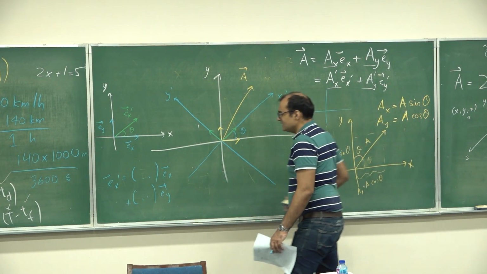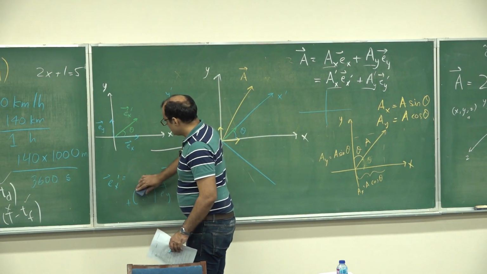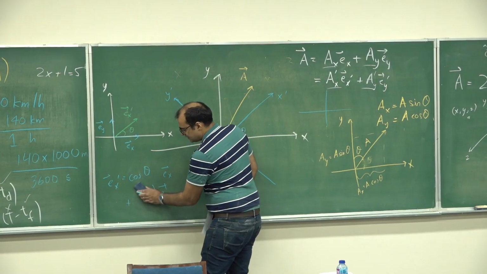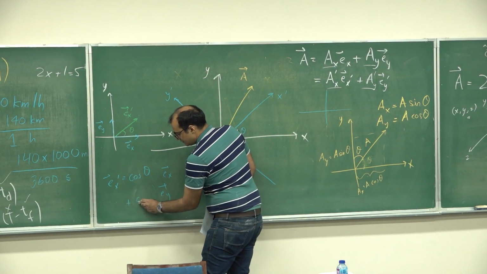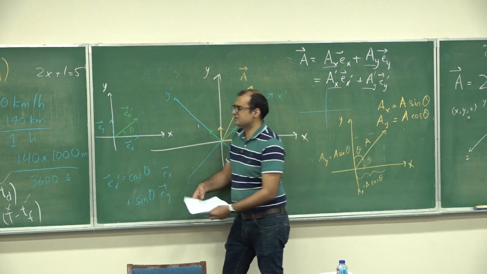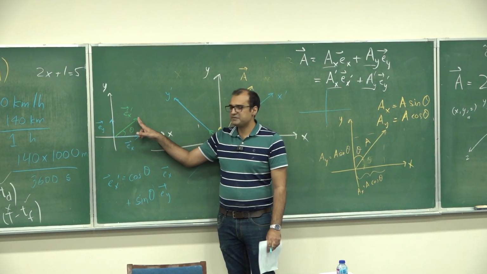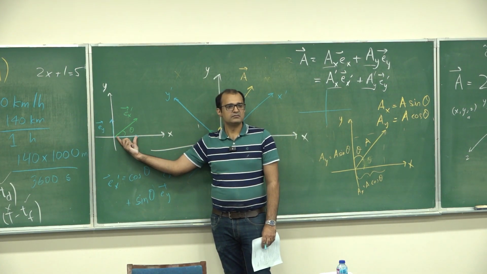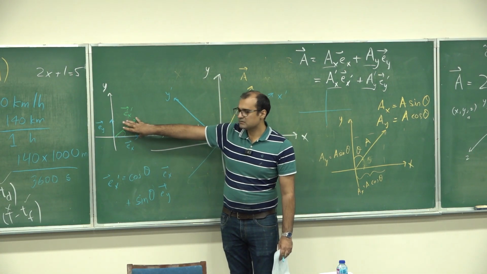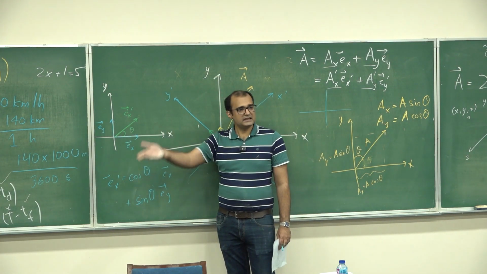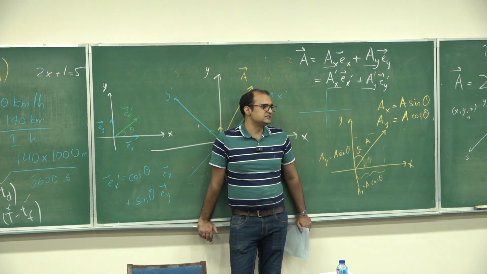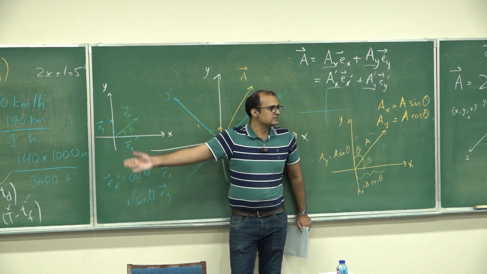So you just have that this thing is cosine theta and this thing is sine theta. This is obvious if you just look at this. This is an arrow of length 1. What would be the length of this thing? Cosine theta. What would be the length of this thing? Sine theta. Exactly as when we talked about how to generalize the definition of sine and cosine using a unit circle. We already did this.